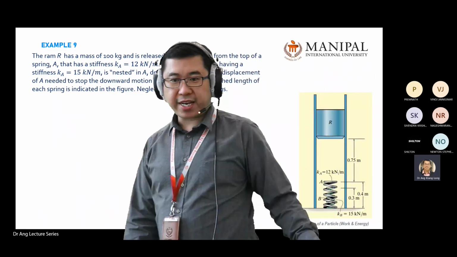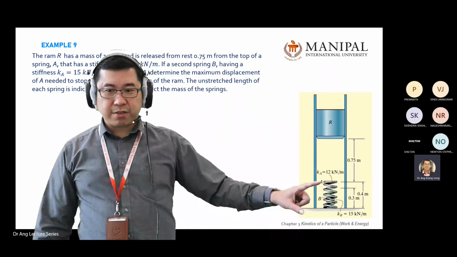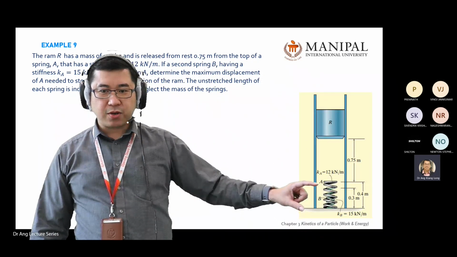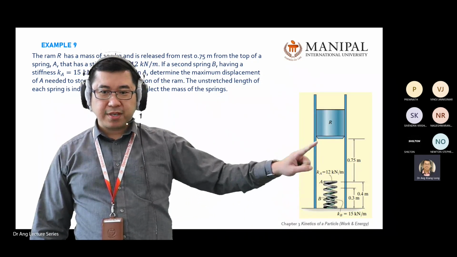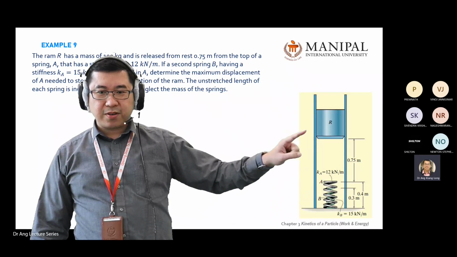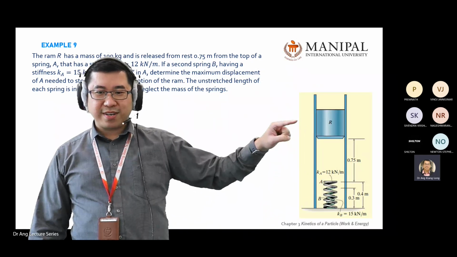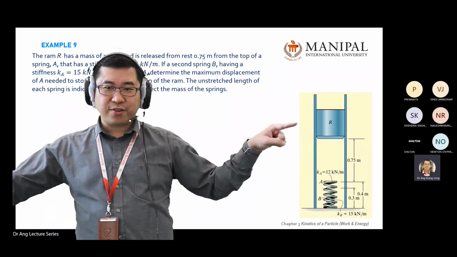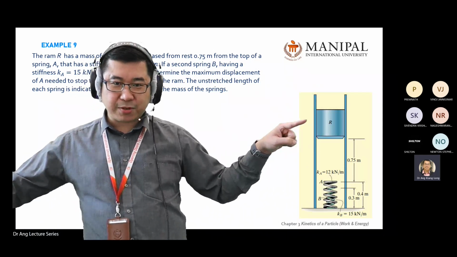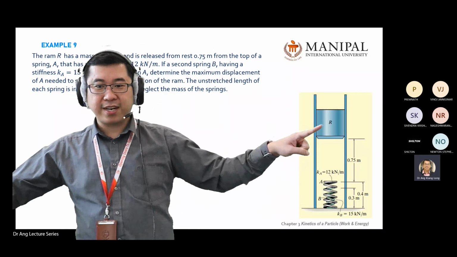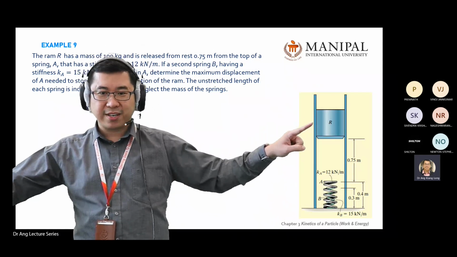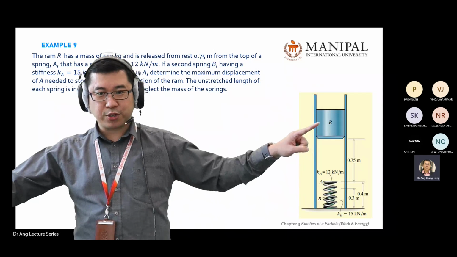It asks you to find the maximum displacement of spring A when this one goes down. Before you start solving, you know what kind of energy you have: kinetic energy and potential energy. But before the start, you don't have kinetic, only 100% potential energy, mgh here.